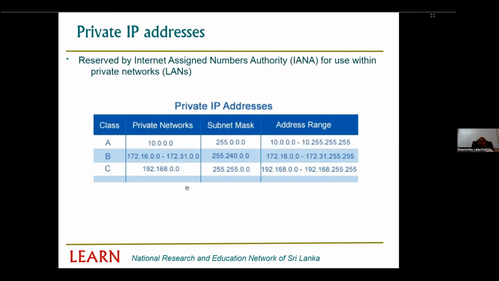IANA has reserved three address spaces from the three classes A, B, and C. Here, 10.0.0.0 with the subnet mask 255.0.0.0 has the address range from 10.0.0.0 to 10.255.255.255.